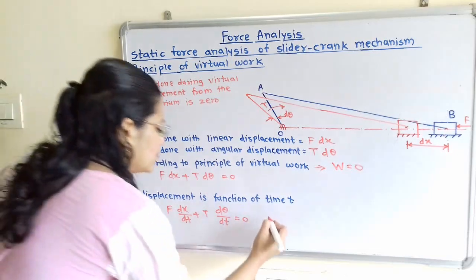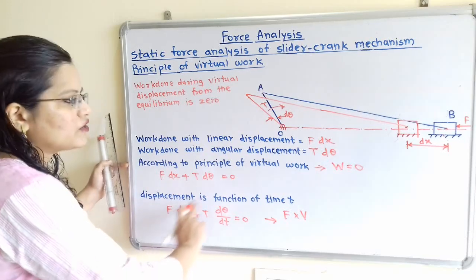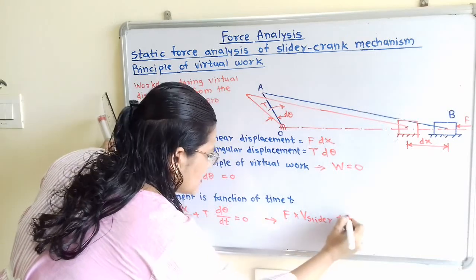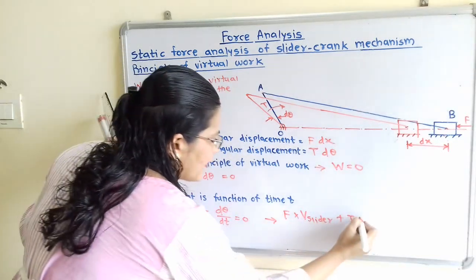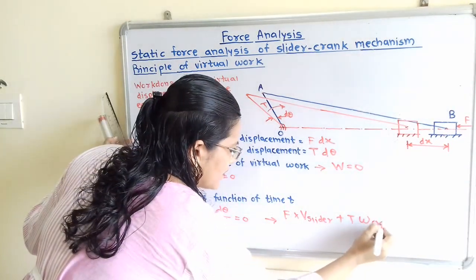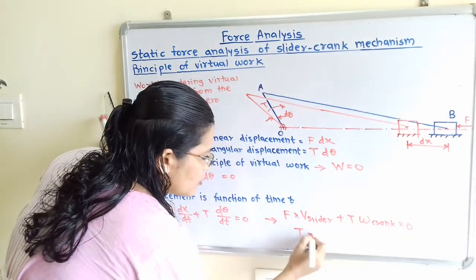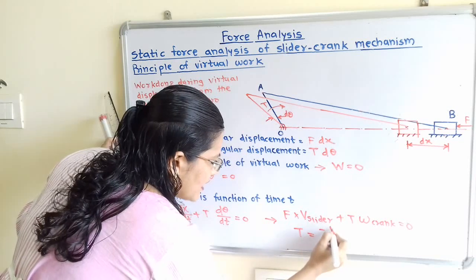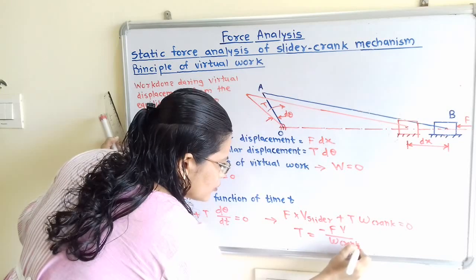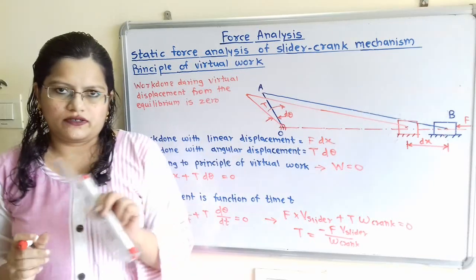So we can write this as F multiplied by velocity, that is linear velocity of slider, so I will write here V slider, plus T d theta by dt, that is the angular velocity of this crank, omega crank, is equal to 0. So how to write this formula for T? So T is equal to minus F into V slider divided by omega crank. So this is the formula that we have to use to calculate this torque.